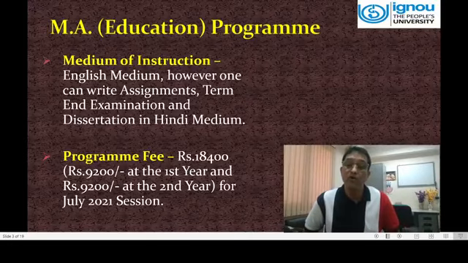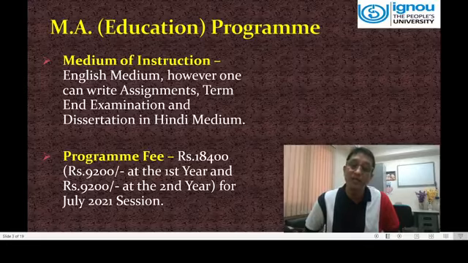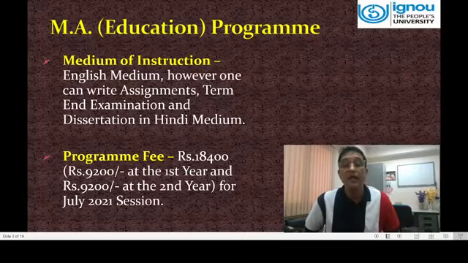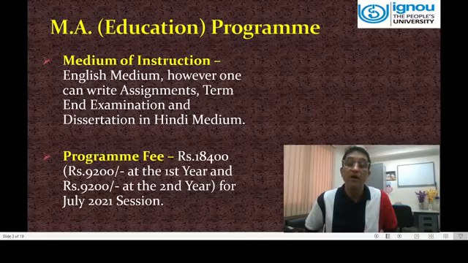Here also, for the ease of the learners, you can prepare your research proposal both in English as well as in Hindi, and you can also write your dissertation report in either English or Hindi. For the program fee, so far as the July 2021 session is concerned, the total program fee of the MA education program is 18,400.